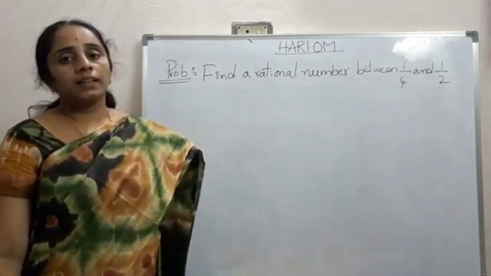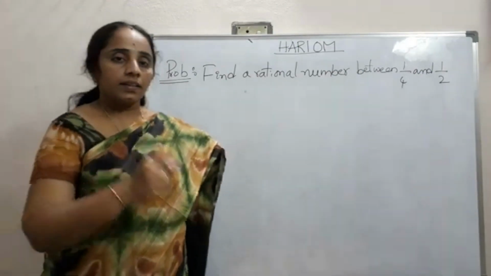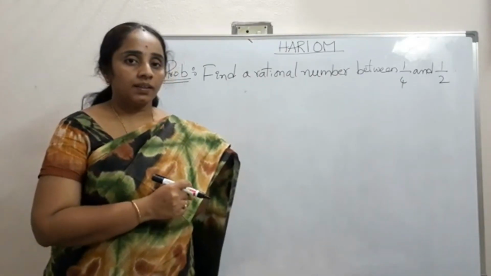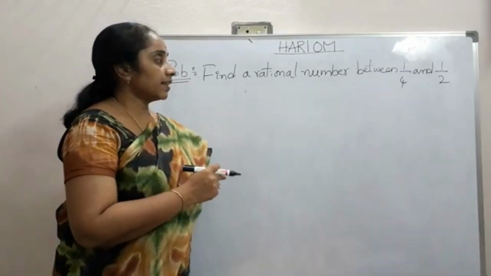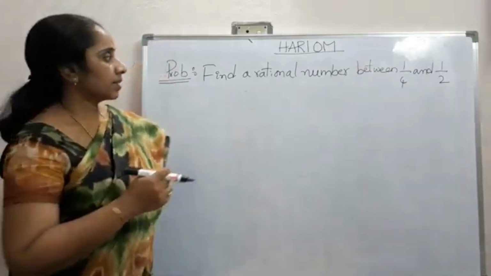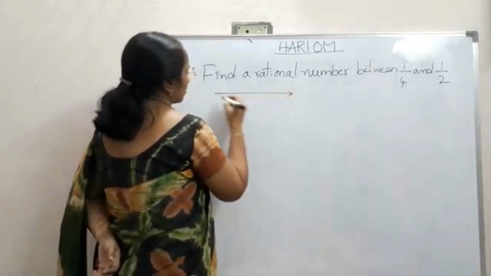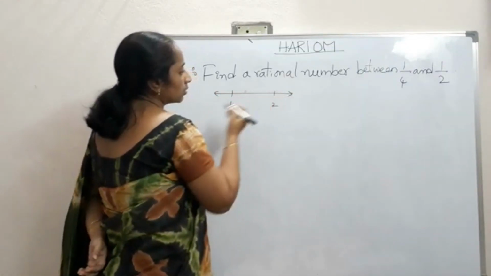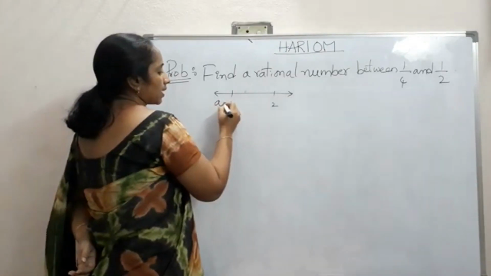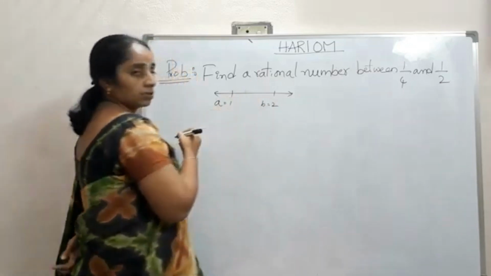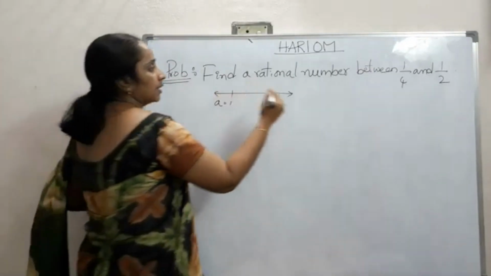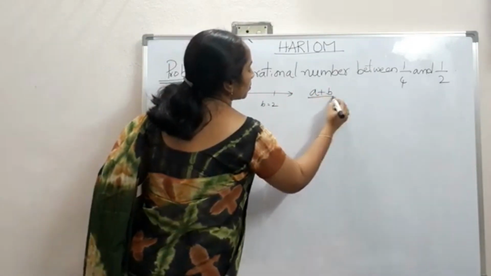As I said in the earlier class, there are infinitely many rational numbers between two rational numbers. Here in this, find a rational number between 1 by 4 and 1 by 2. I have discussed with you that a rational number exactly between these two, assume that it has A and B, and a number which lies exactly between these two is (A plus B) by 2.